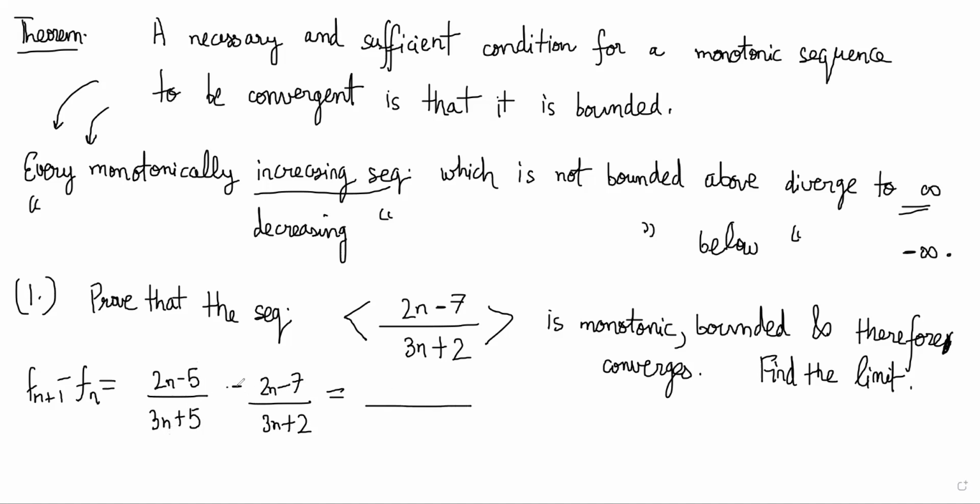Find the correct value for the difference. Twenty-five upon 3n plus 2 times 3n plus 5.